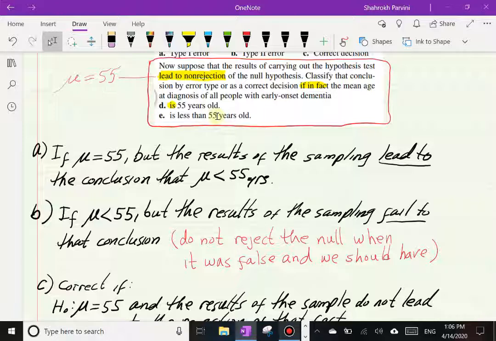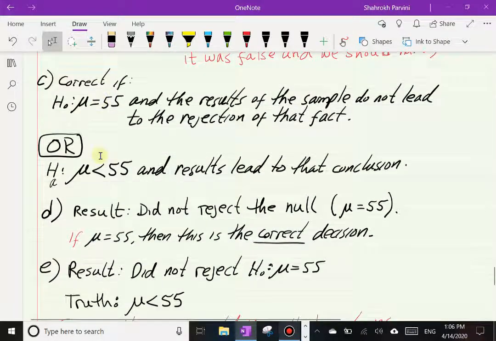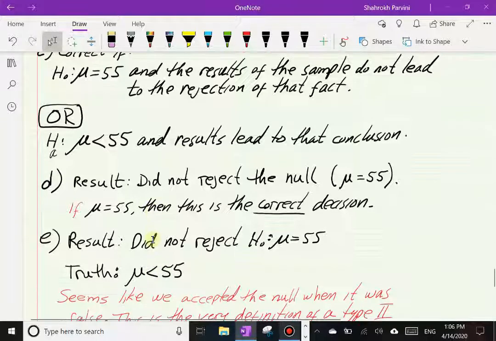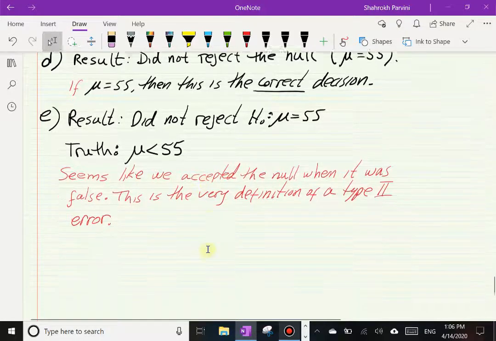So what if it was less than 55 and they by mistake said it is 55? Well, that's the very definition of a type 2 error, right? Because they did not reject the null and the truth is the alternative. So in other words, because they accepted the false null. See, that's what I have here. It seems like we accepted the null when in fact it was false. So this is the definition of a type 2 error.